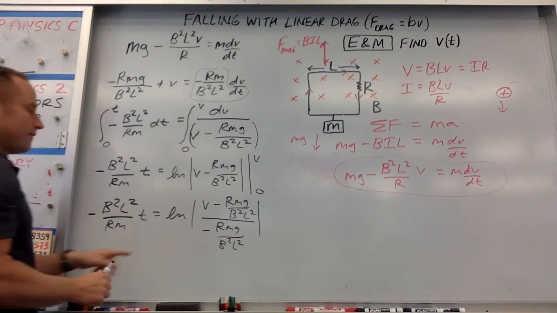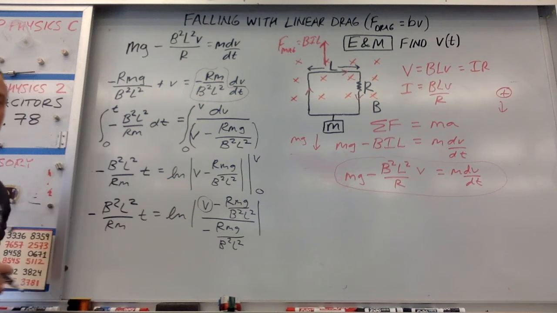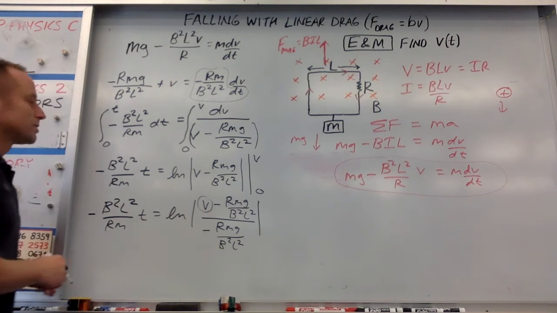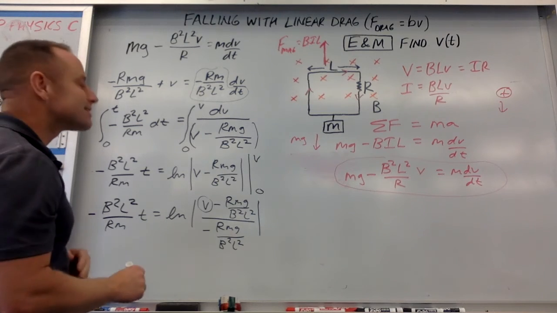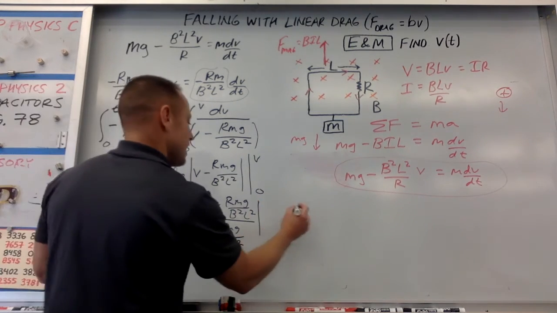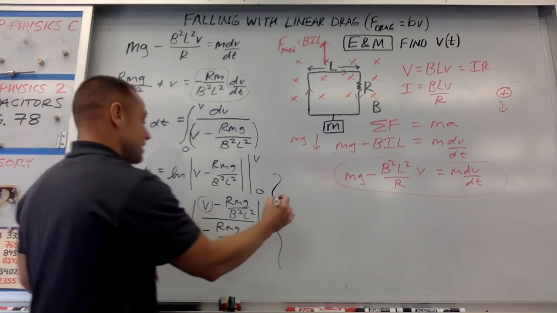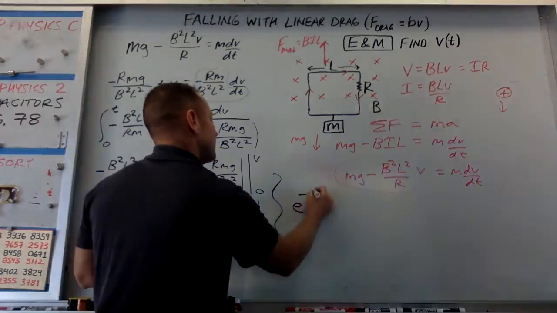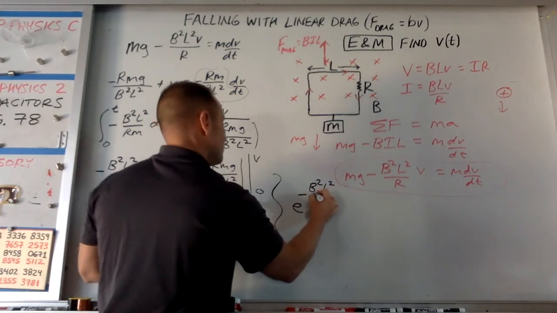And then the last move here is, we need to extract this v in order to solve for v of t. And so what you want to do is exponentiate both sides, or e it, as some of my students will say. So if we exponentiate this side, you get e to the minus this constant, b squared L squared over Rm t.